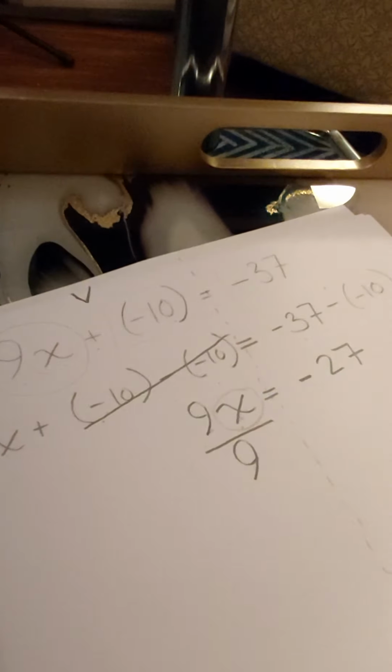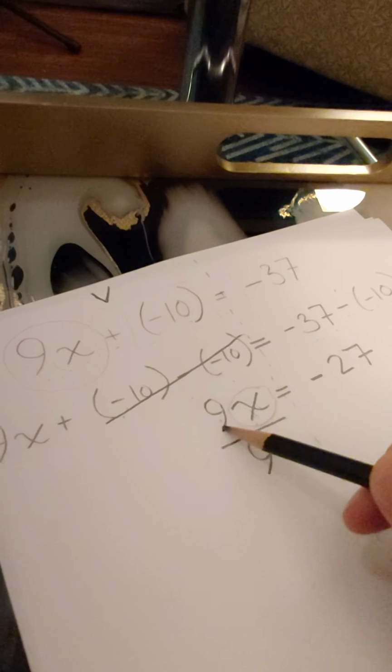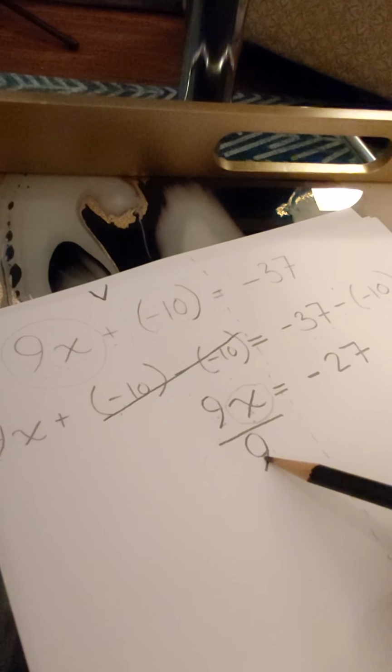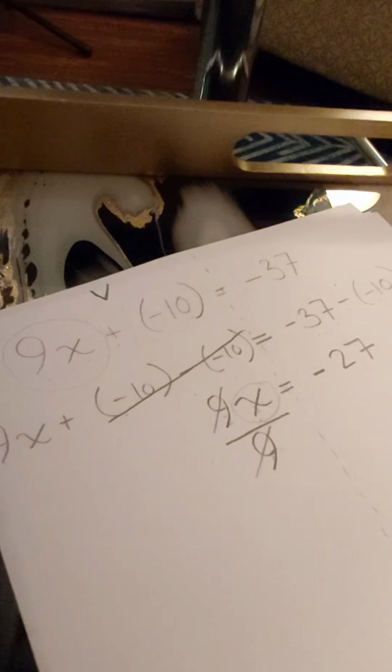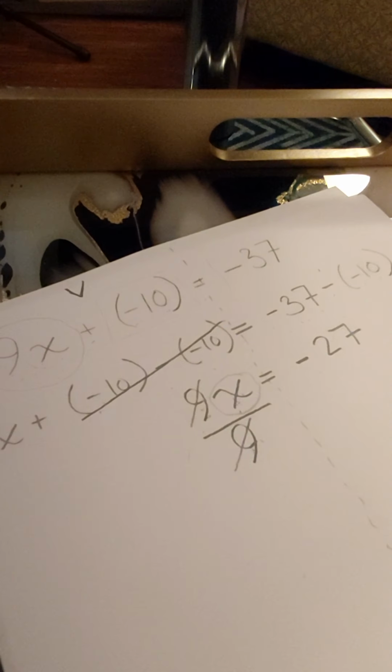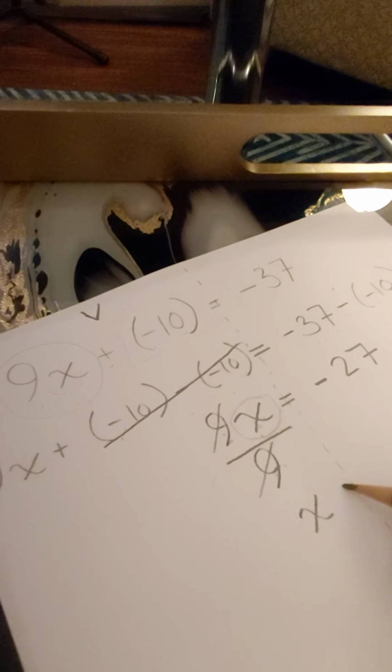Anytime you want to get rid of the number that's attached to the letter, you divide by that same number. So 9x divided by 9. These will cross each other out, they cancel each other out, and you're left with x all by itself.